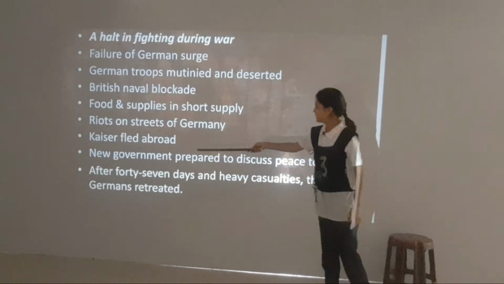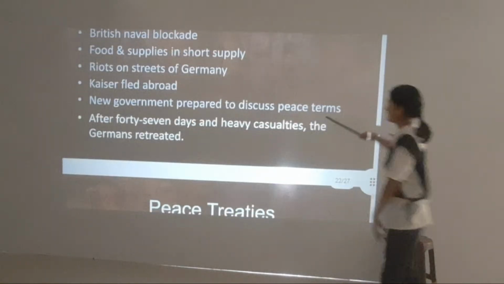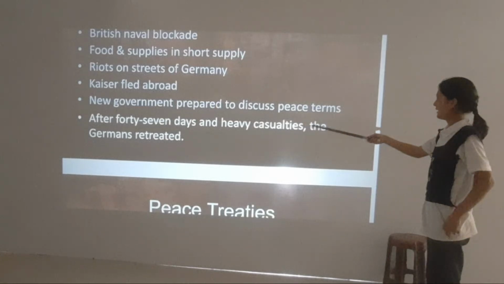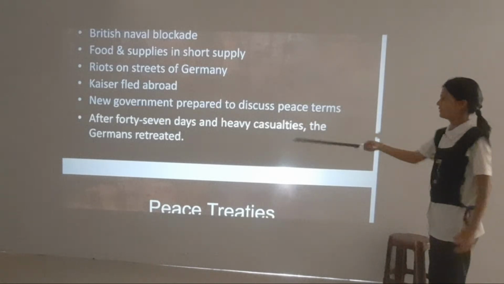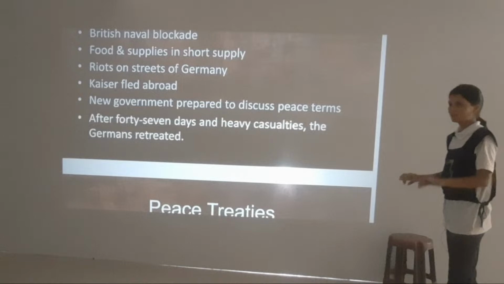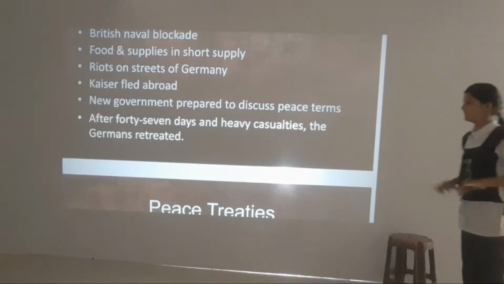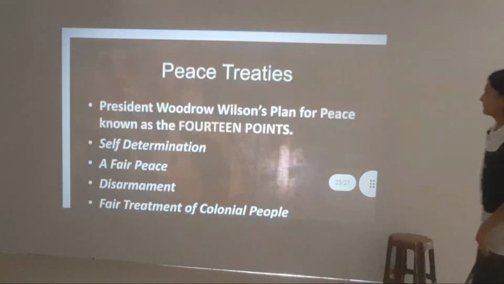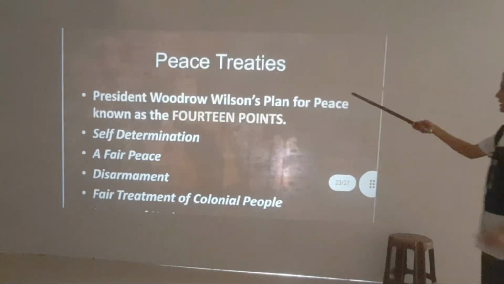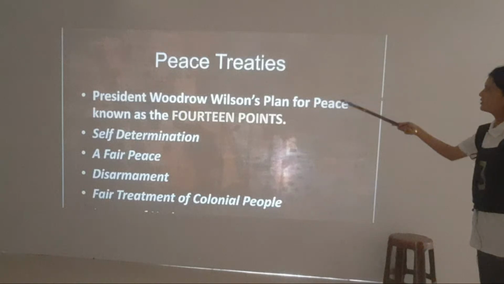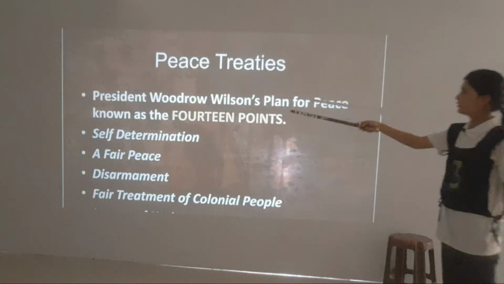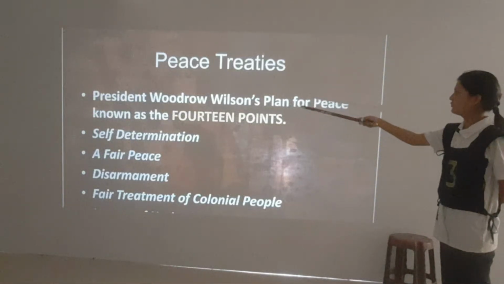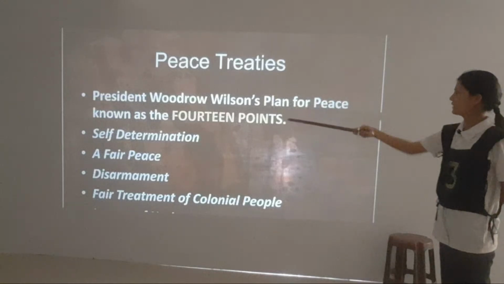So a new government prepared to discuss peace terms. After 47 days, with heavy casualties, the Germans retreated, and the Central Powers were backfooted. Now coming to the peace treaties. The US has a role to play here because the peace treaty was proposed by President Woodrow Wilson's plan for peace known as the 14 points.